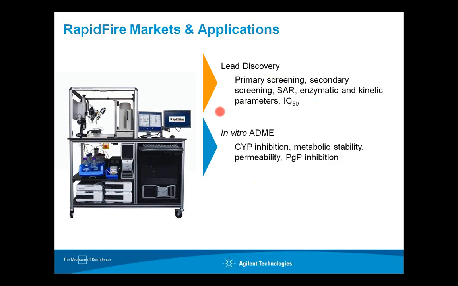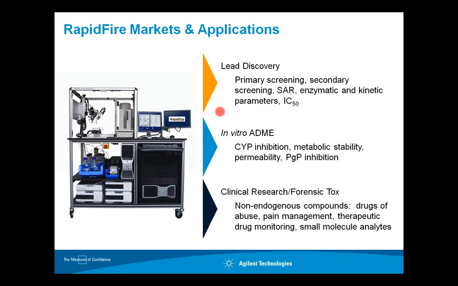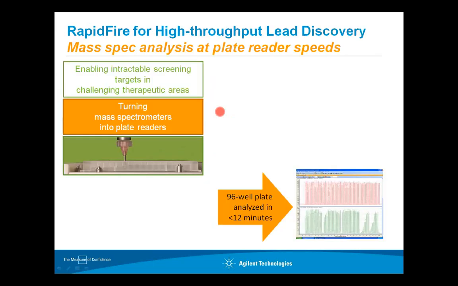RapidFire has also been used very successfully for in vitro ADME assay analysis, things like CYP450 inhibition, metabolic stability, permeability, and PGP inhibition. Finally, clinical research and forensic toxicology, applications such as drugs of abuse, pain management, some of the forensic tox analysis that is done in a variety of those types of molecules.